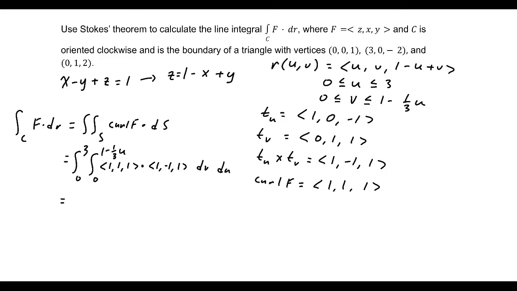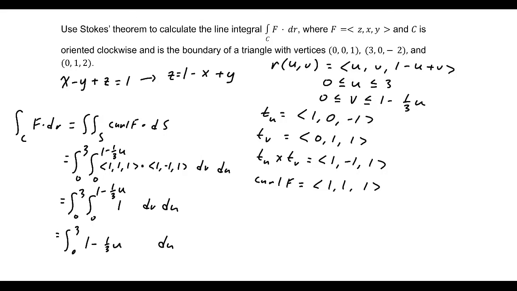Now that dot product is actually 1, so it's the integral from 0 to 3 with respect to u of the integral from 0 to 1 minus 1/3 times u with respect to v of the function 1, which is equal to the integral from 0 to 3 with respect to u of 1 minus 1/3 times u, which will be equal to 3 over 2.